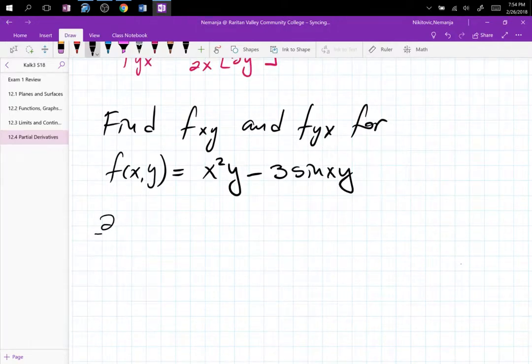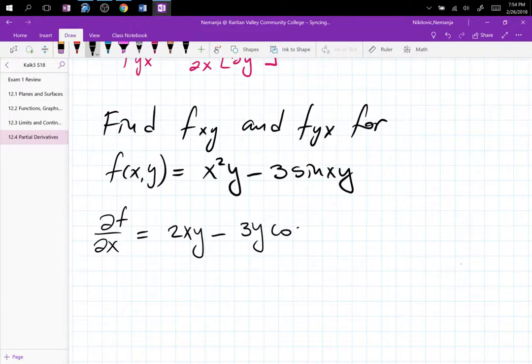So partial derivative in respect to x first is equal to 2xy minus derivative of sine is cosine xy, and then y goes out, so 3y cosine xy. And now to find, so this is just fx. And now to find fxy, I have to take the derivative of this in respect to y.